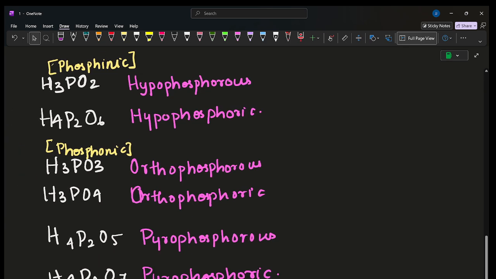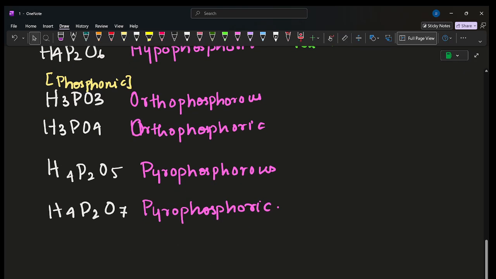So let's start with our normal hypophosphorous acid. It's got something to do with white phosphorus and alkali. H4P2O6 had to do something with the red phosphorus and alkali. Similar?